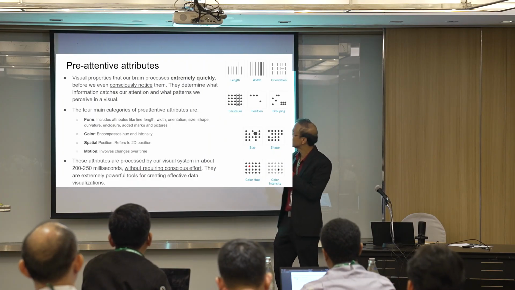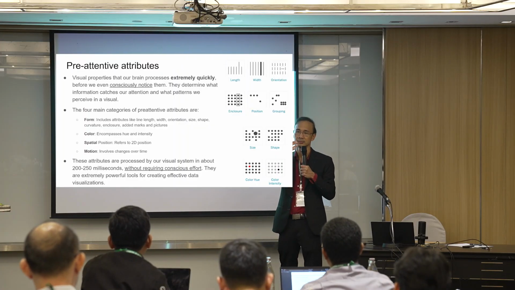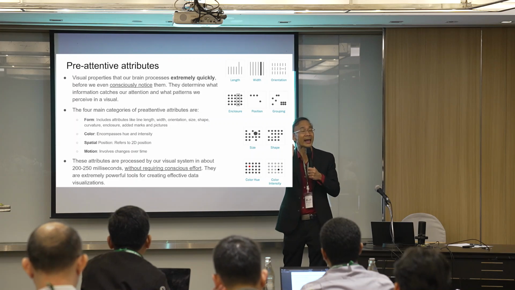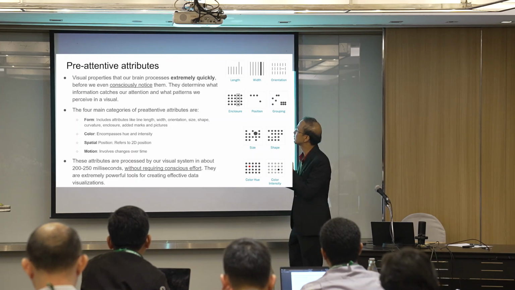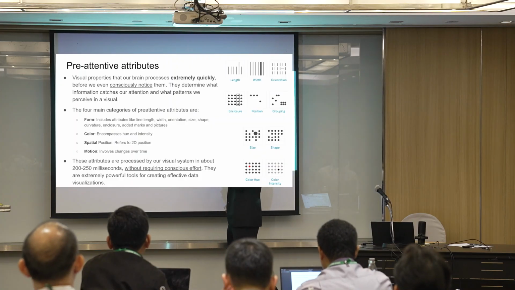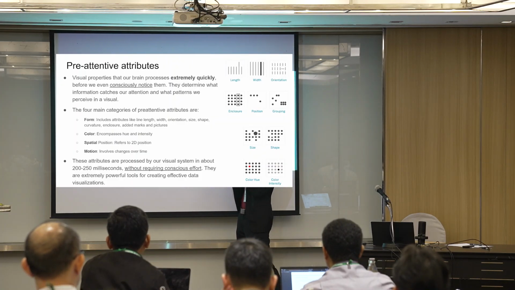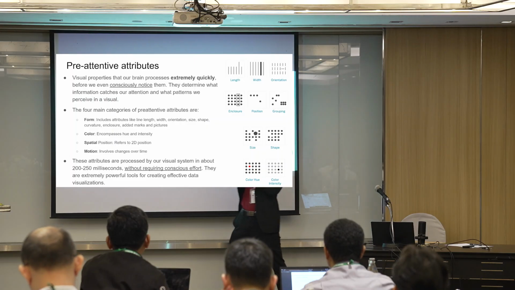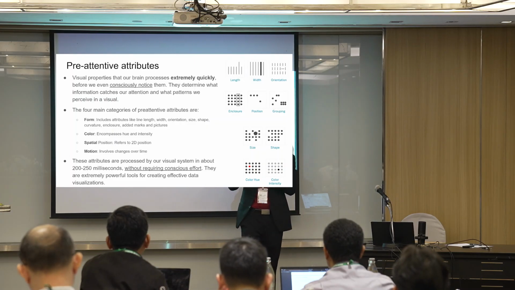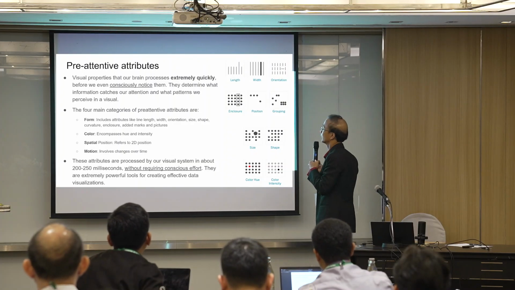But pre-attentive means we can see something without having to attend to it. These are the visual properties that our brain can process pretty fast, even without us consciously noticing. So that's what we call pre-attentive.